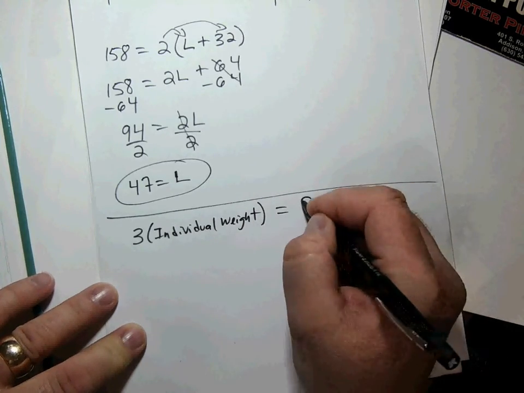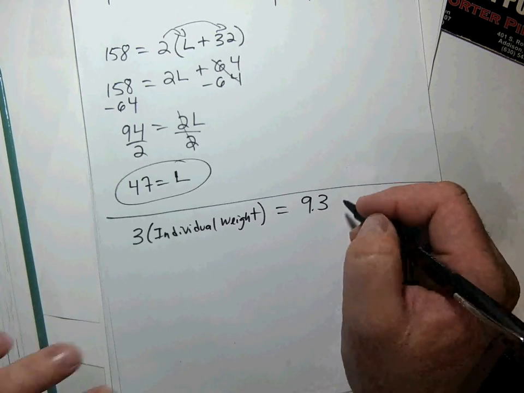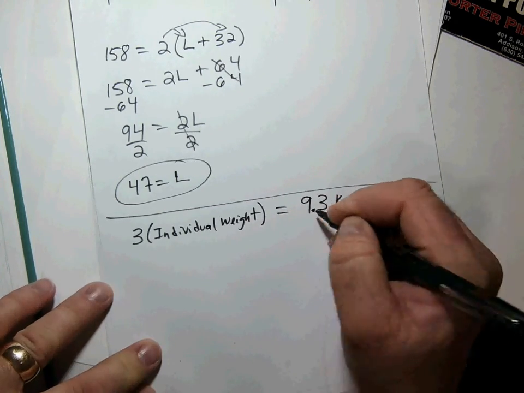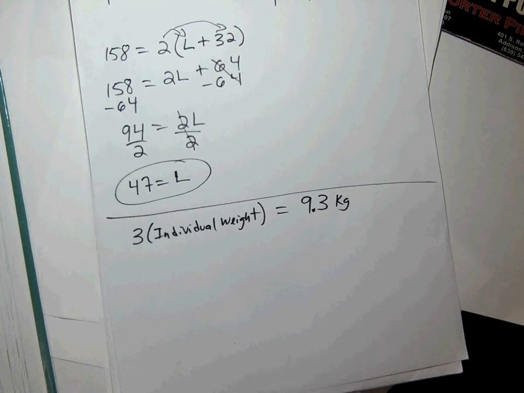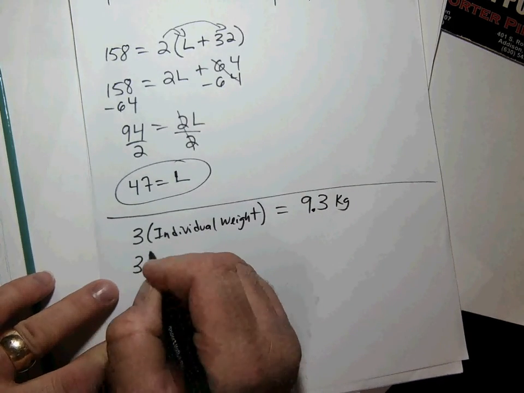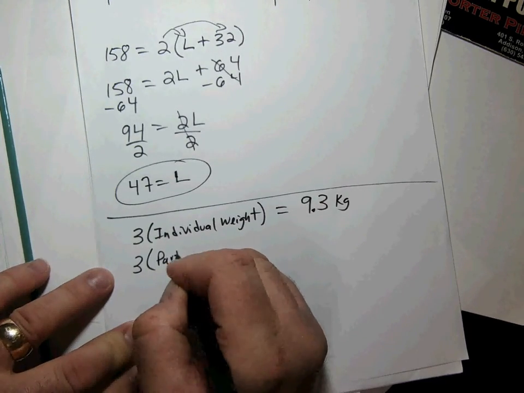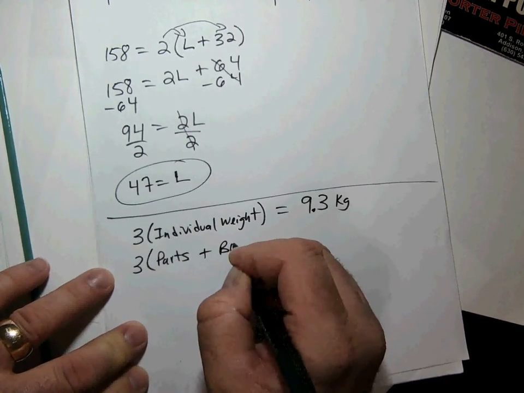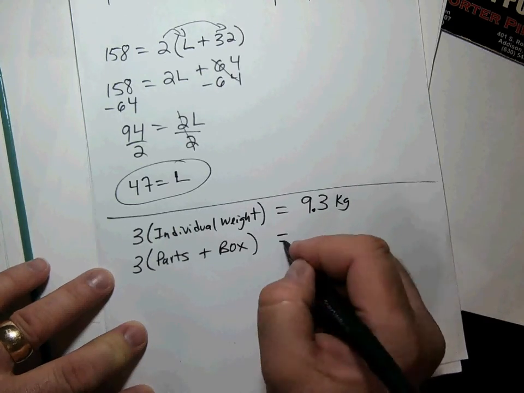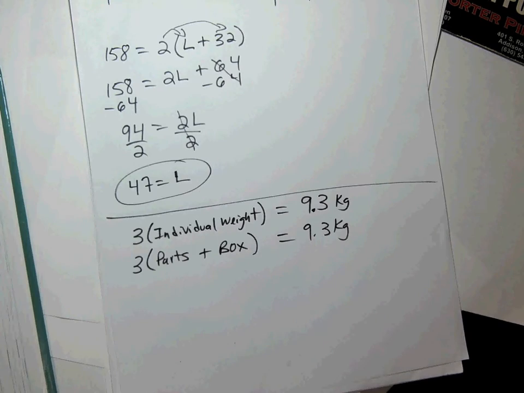Equals my total weight of 9.3. I think we're talking kilograms, right? Yeah, kilograms. So I've got 3 of them. Each one has a certain amount of individual weight. And I'm going to have 9.3 altogether. Well, what comprises this individual weight? I know I've got 3 of them. Well, I've got 3 of the actual parts plus the shipping boxes. So the parts plus the box equals 9.3 kilograms, right? 3 of them.